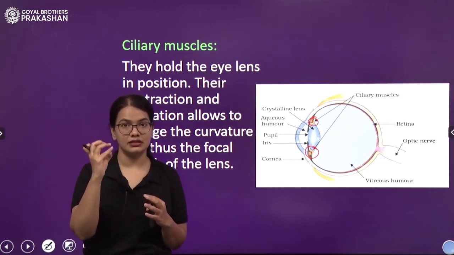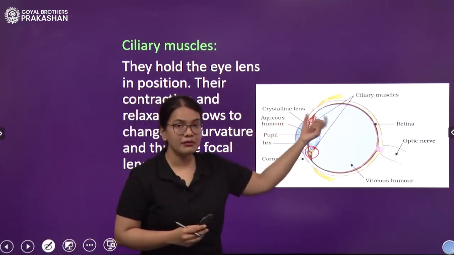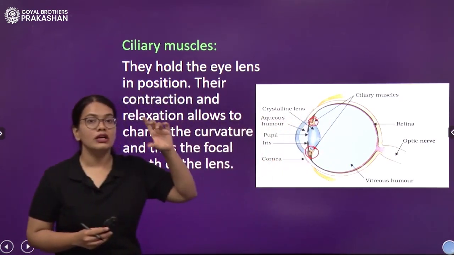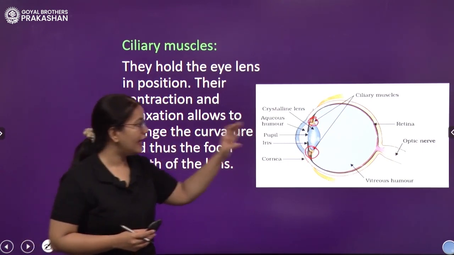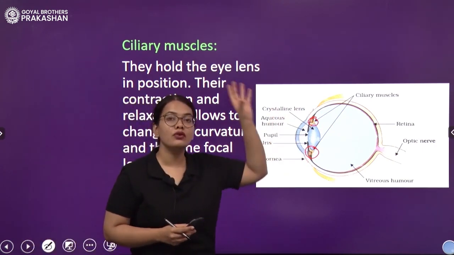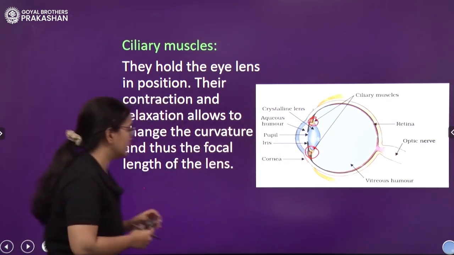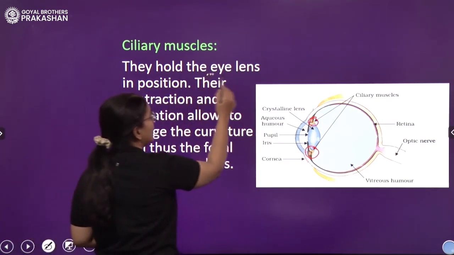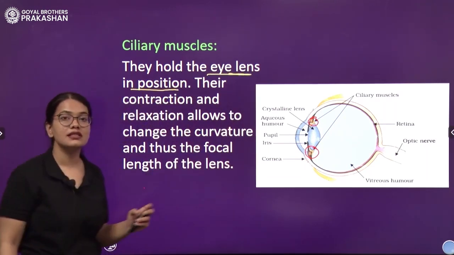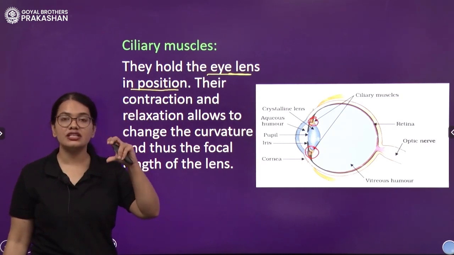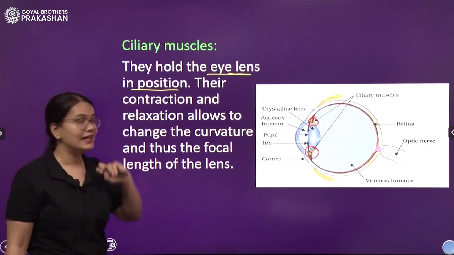Muscles are flexible because of their structure. So these ciliary muscles also can change in their size. And as a result, they are very important for holding the eye lens in position, right? Because the muscles can change their shape, they are soft, they are fibrous, they hold the eye lens.